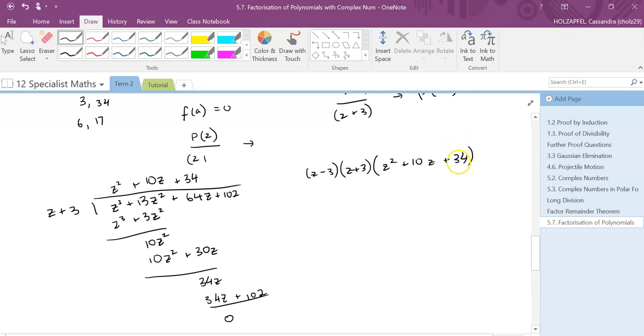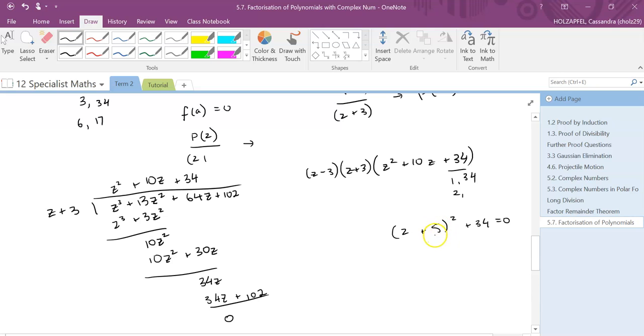So do we have factors of 34 that are going to add to 10? Let me just think about this. 34, I could have 1 and 34. That's not going to add anywhere near to 10. I could have 2 and a number, that's not going to add to 10 either. I could do completing the square because I like that method. So z squared plus 10z becomes z plus 5 squared plus 34 will be equal to 0.